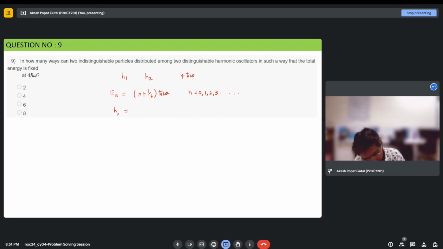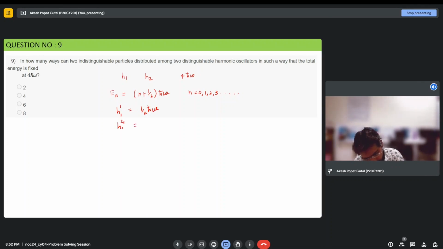So H1 will have energy, for quantum number 1, of 1/2 ħω.